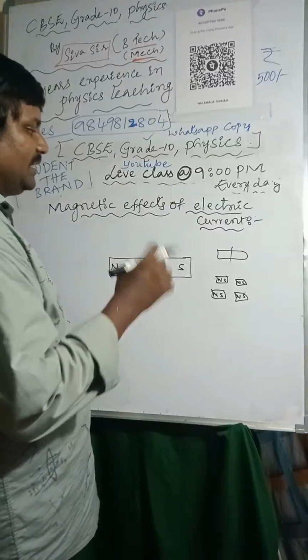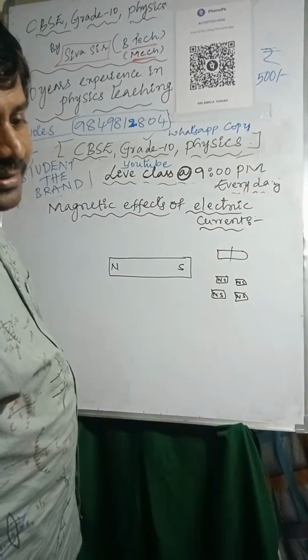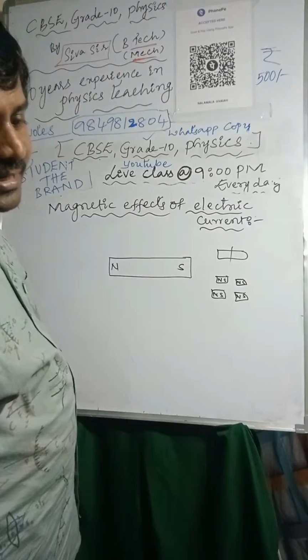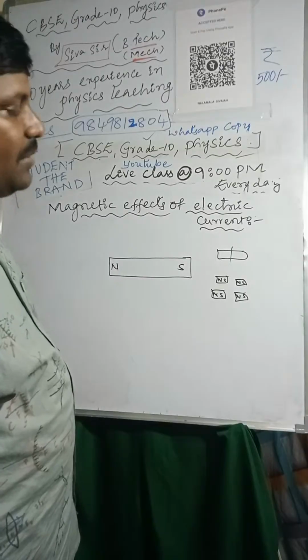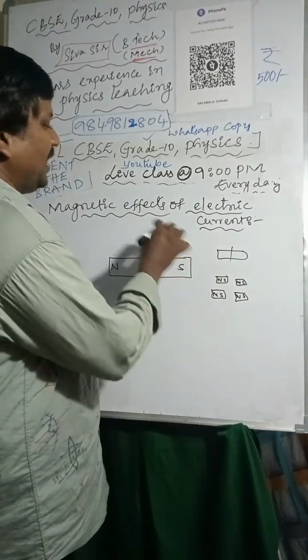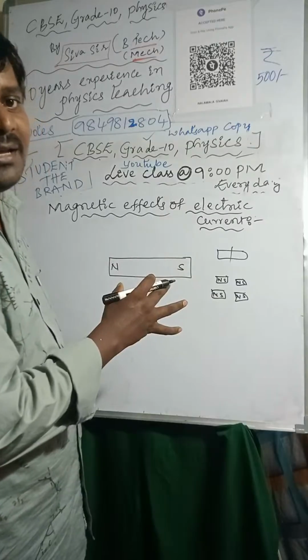Next, the strength of the magnetic field. The field is the region around the magnet in which magnetic force is exerted. Until a certain range only it will attract magnetic materials.